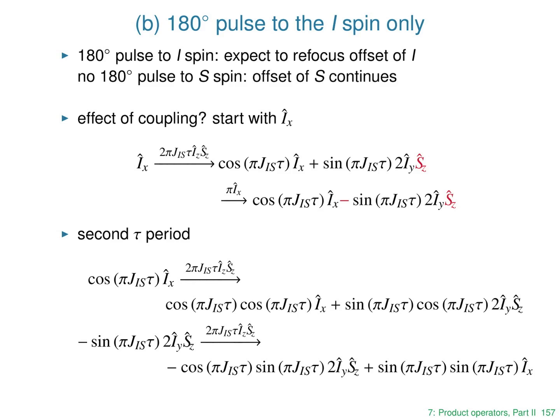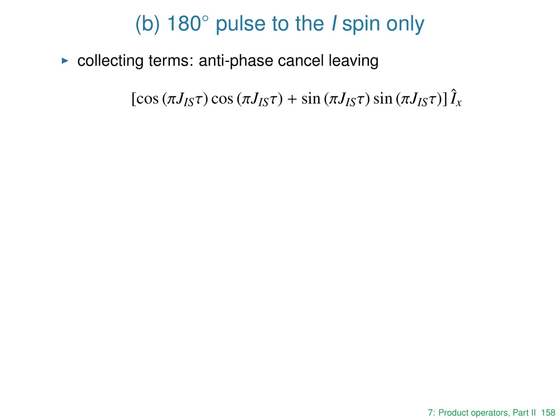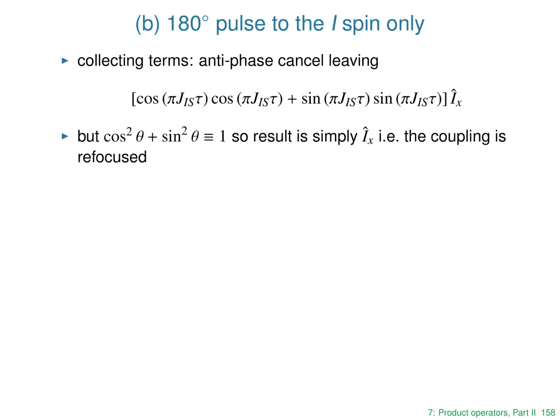So this term here, 2IYSZ, and this term here, 2IYSZ, they're equal and opposite, so they actually cancel one another. And if you collect together the other terms, you'll see it's cos squared plus sine squared, which we of course know is 1. So the result is that the magnetization ends up as IX, which is where we started. So as I said it would be, the coupling is refocused in this spin echo.